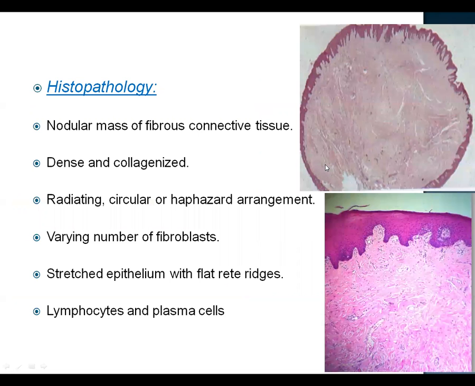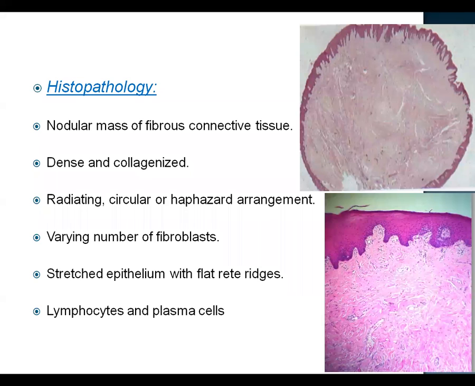Histopathology. Histopathologically, you can see the nodular mass of fibrous connective tissue, which is having dense and collagenized connective tissue, radiating circular or haphazardly arranged, varying number of fibroblasts, stretched epithelium with flat ridges, lymphocytes, and plasma cells.